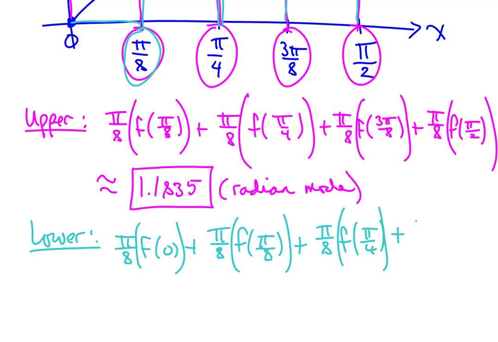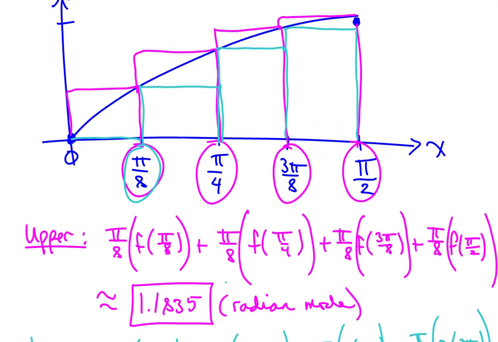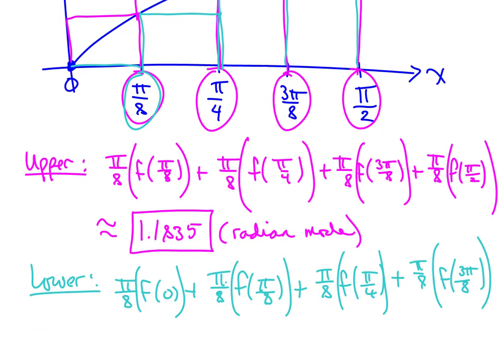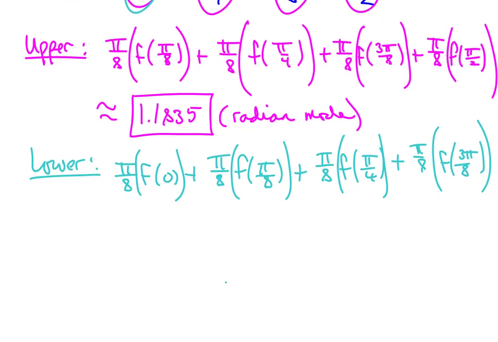And the last one would be pi over 8 times f of 3 pi over 8. So notice we're using a different set of values for inputs for the lower estimate, because those lower estimate rectangles use the opposite sides of each interval when compared with the upper estimate.